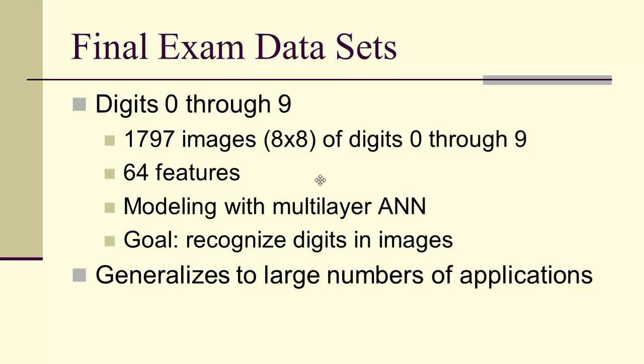So the idea here is we've got lots of data where people drew the numbers 0 through 9 on 32 by 32 grids, and then we took those images and converted them to matrices, and we reduced the dimensionality of the problem by a sampling method. And this approach generalizes to lots of applications, handwriting recognition, for example, many of those.